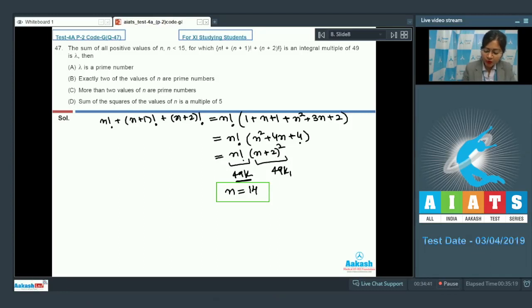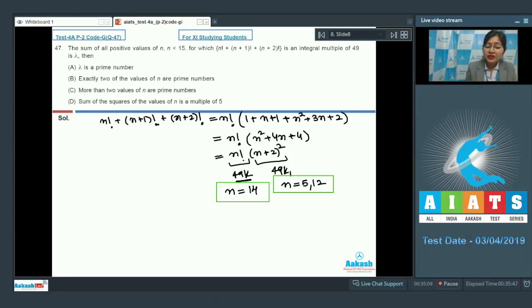Now also n plus 2 square will give me 49 into k1 if n plus 2 is a multiple of 7. So n plus 2 will be a multiple of 7 when n is equal to 5 or n is equal to 12. These two are the only values less than 15. So we have these three values for which the given term will be an integral multiple of 49.